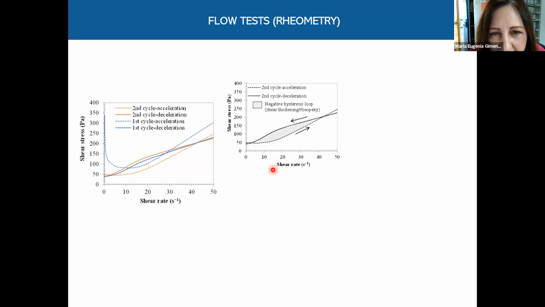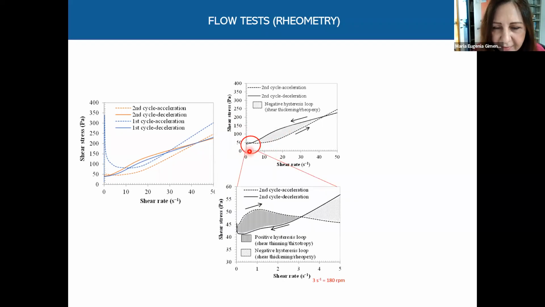If we study the very low shear rates, we see that there is an opposite trend. Here we see that for a given shear rate, the acceleration demands a shear stress higher than deceleration.